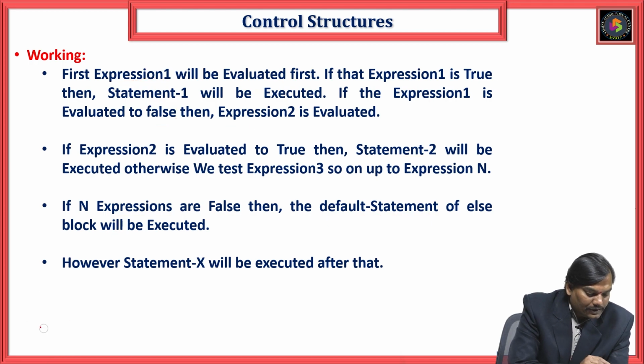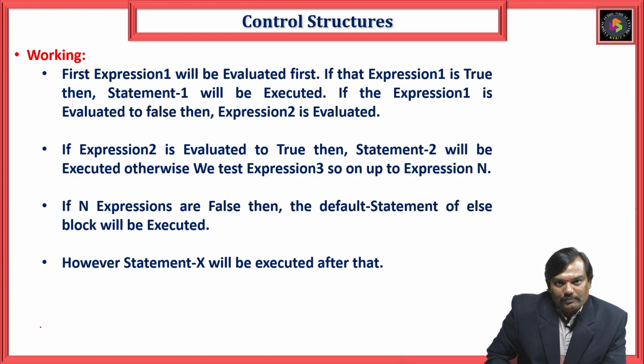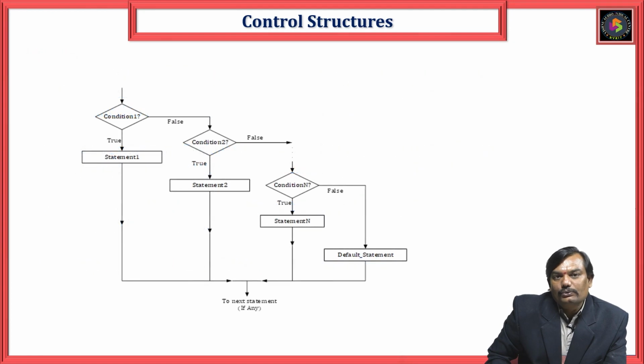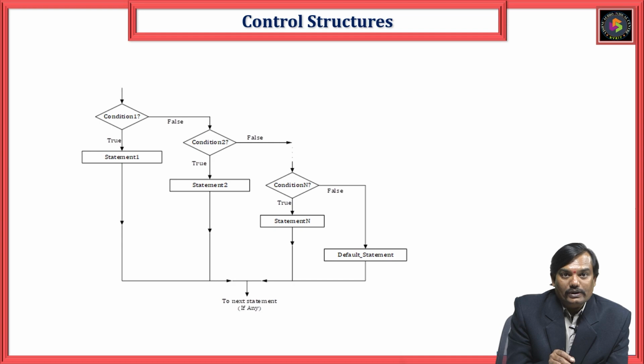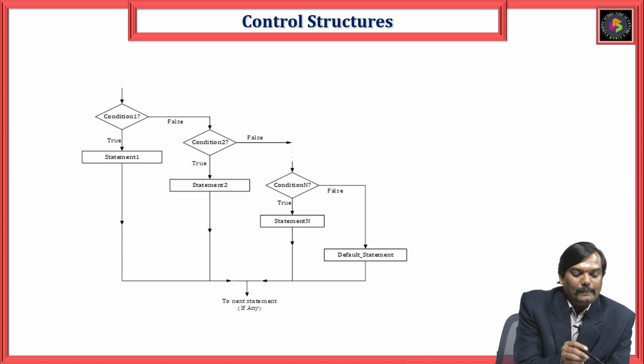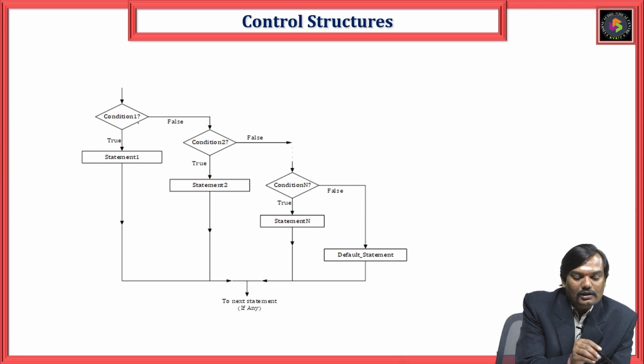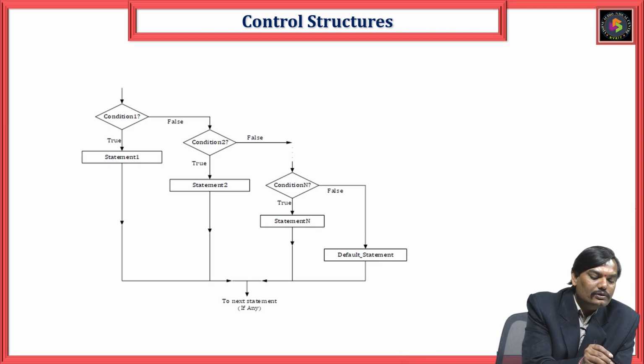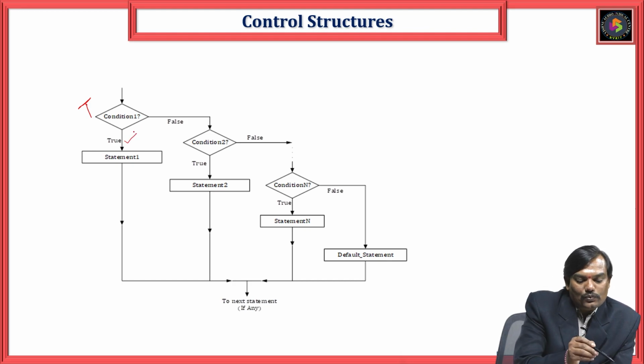Now, when we use this control structure in the program, how does it affect the control of the program? We can see this in this flowchart. Condition 1 will be tested first. If this condition is evaluated to true, the control will travel in the true path, and the statements in this block get executed.